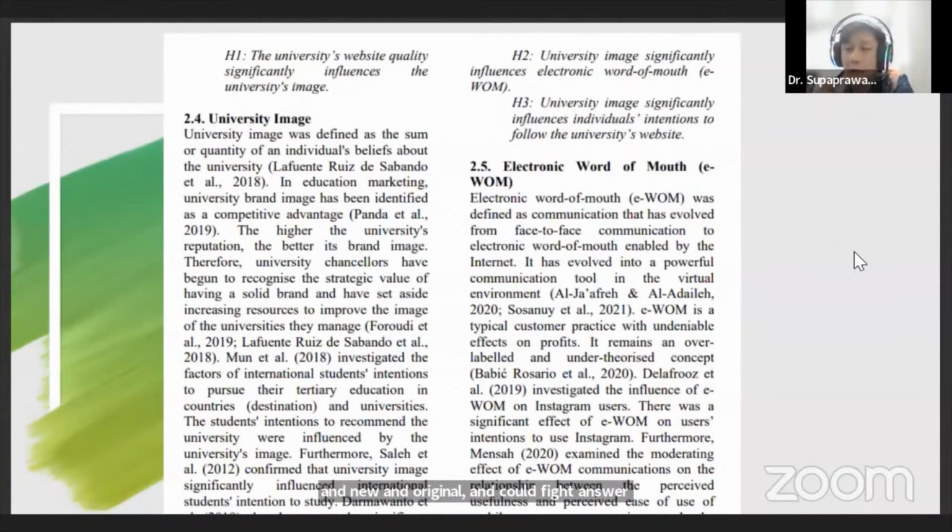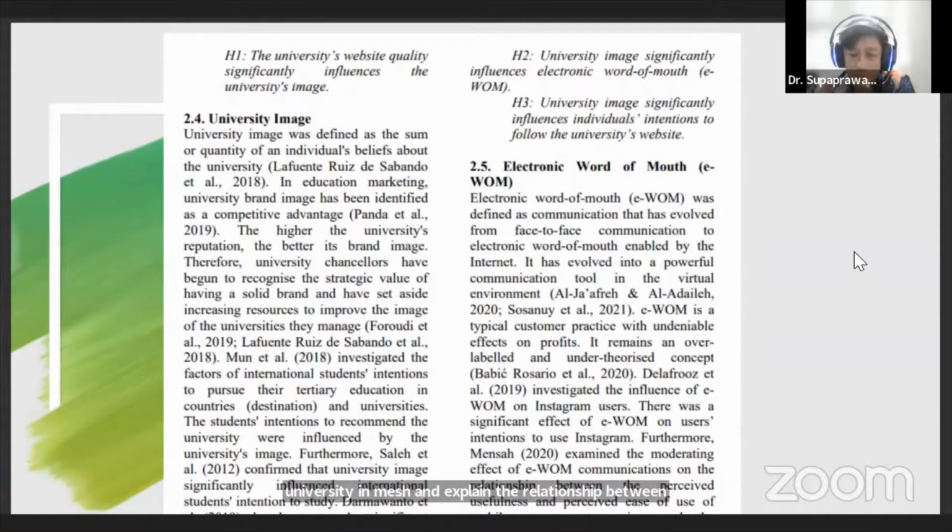When you write a literature review, as I mentioned before, you start with the definition and you explain in the sector, in the industry. In this case, it's about the university image. You could not explain corporate image. You have to explain only the university image and the relationship between the predictor and the outcome.